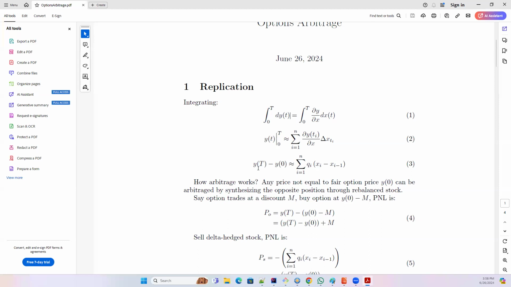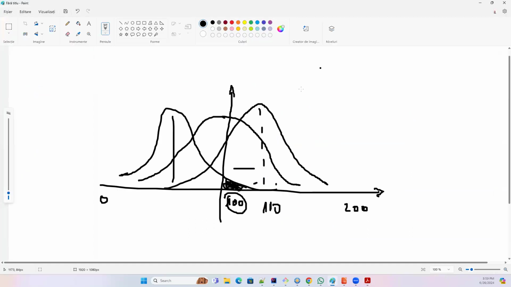So we have option price at expiry minus option price at inception equals, and what is an integral? An integral is just a sum. Depending on how precise you want this sum to be, let's say we have a function and the integral is just a sum at different intervals.